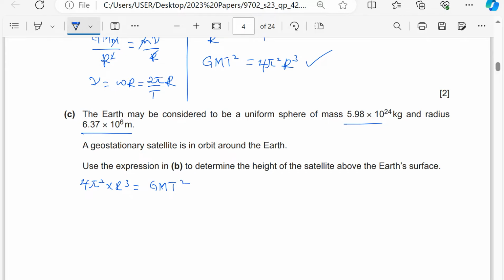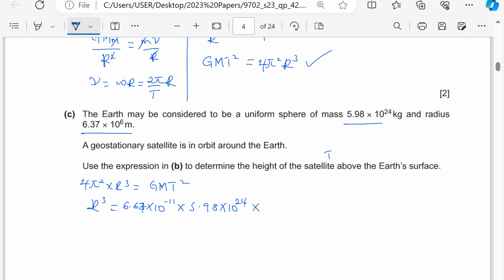So it means the radius cubed is going to be G, which is 6.67 times 10 to the power of minus 11. The mass is 5.98 times 10 to the power of 24. Then the period, it is geostationary.